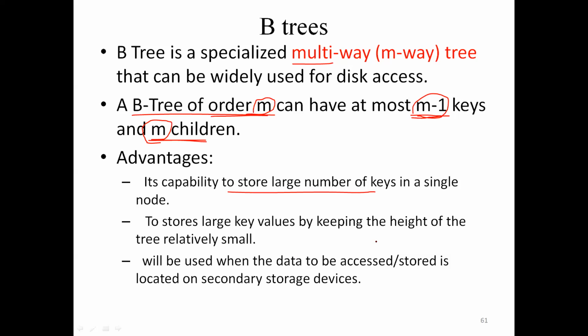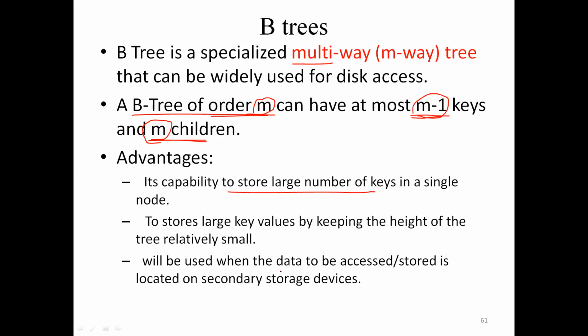Instead of having 10 elements in 5 levels, I can have the 10 elements in 3 levels itself. So I keep all the keys at the smallest height, so that the search operation is very easy.